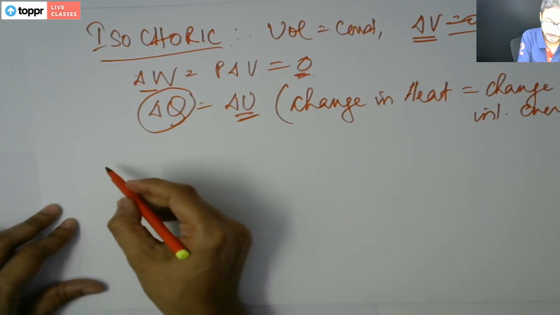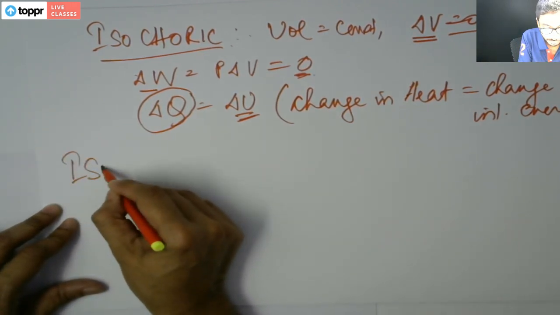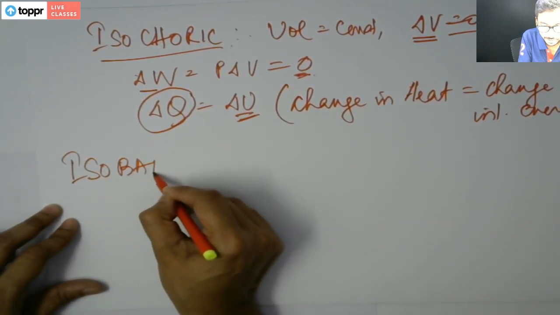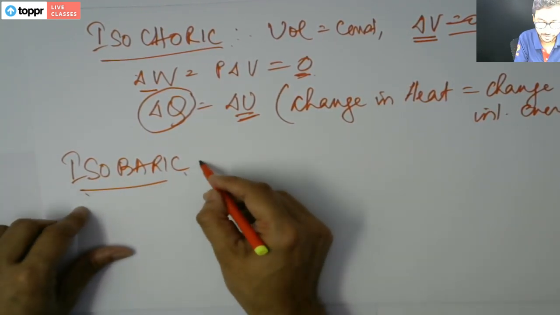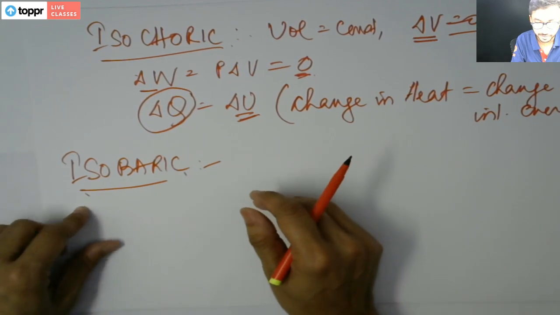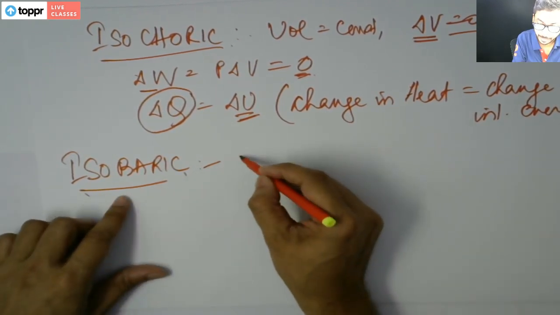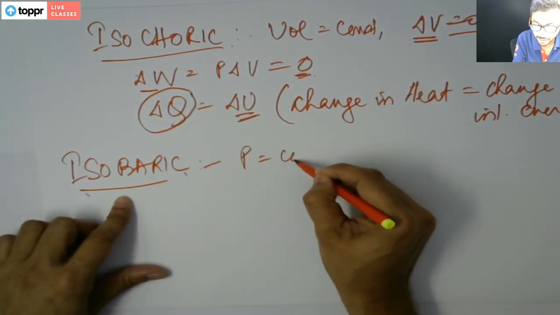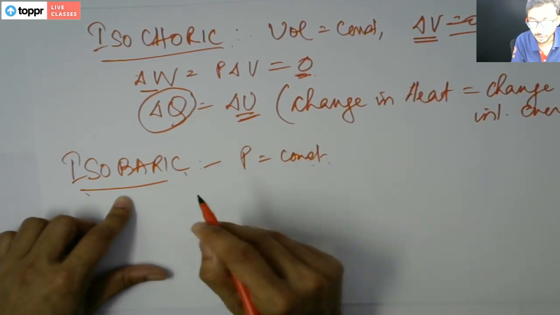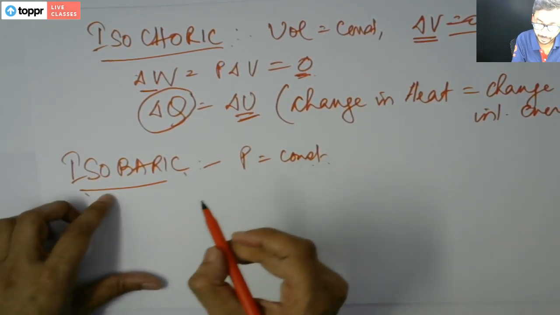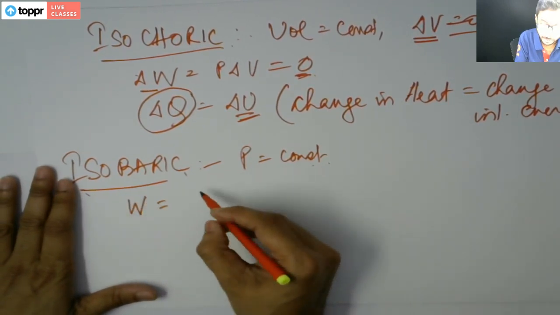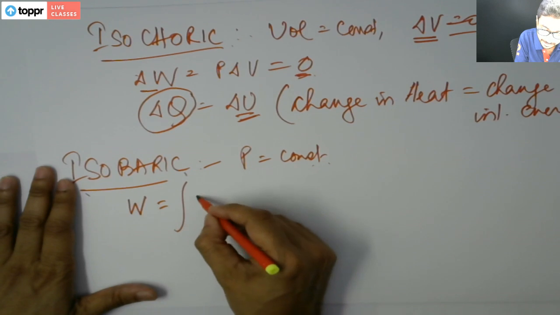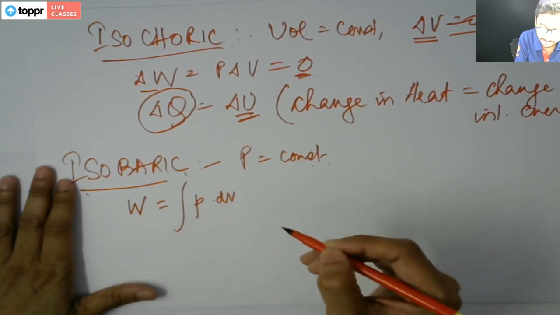Got it? Now we have the isobaric process. In the isobaric process, the pressure remains constant. For work done, we have calculated W equals integral of P dV.